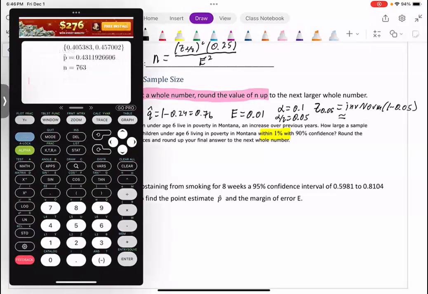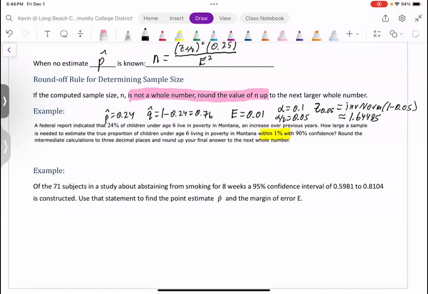Let's see what we get here with that. So I'm getting that that's about 1.64485. So we have all of our pieces, so let's put them all together.